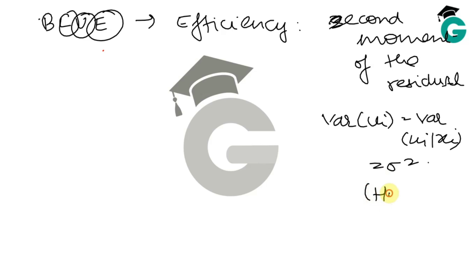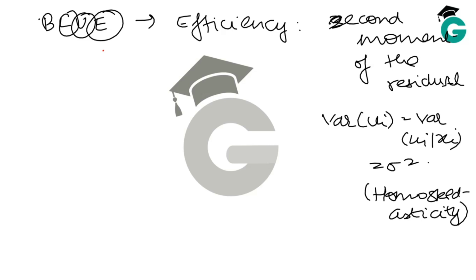So this was your assumption of homoscedasticity, which has been covered earlier, right? So under homoscedasticity, you are saying that given the value of xi, the variance in ui is going to be constant across xi's, and that is going to be equal to sigma squared, right?